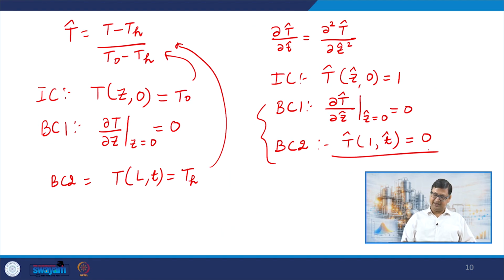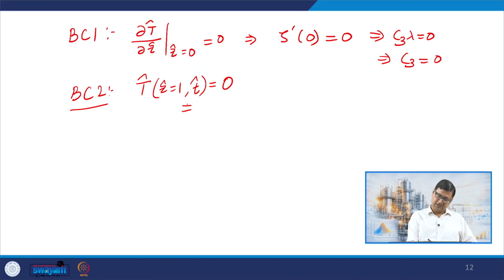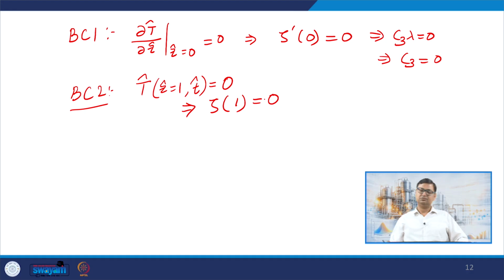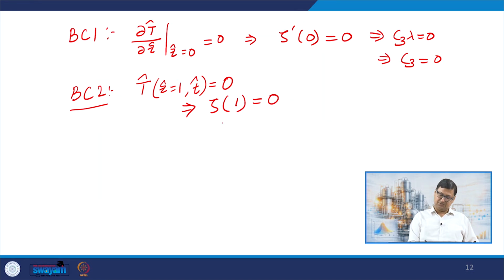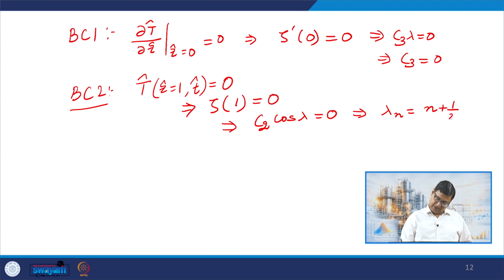This is what I have here, and this gives me zeta(1) is equal to 0, and zeta(1), if I look at the expression that I am left with, C3 is already 0, so that gives me C2 cos lambda is equal to 0, and that has a solution lambda n is equal to (n plus half) pi for n equal to 0, 1, 2, and so on.